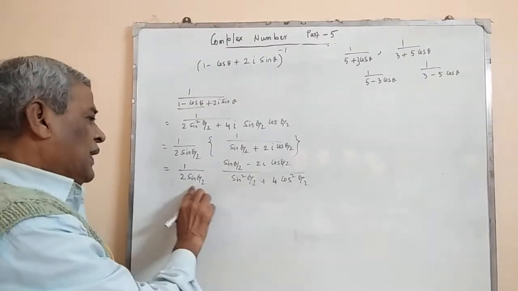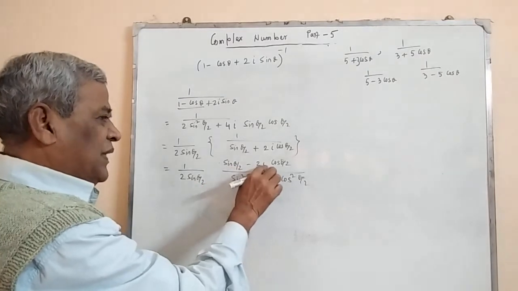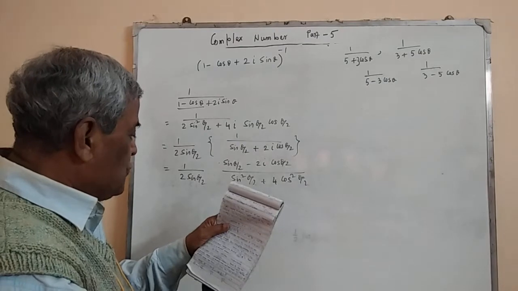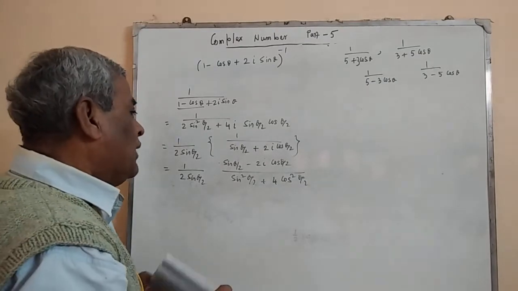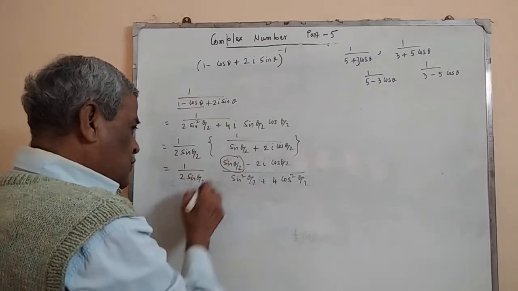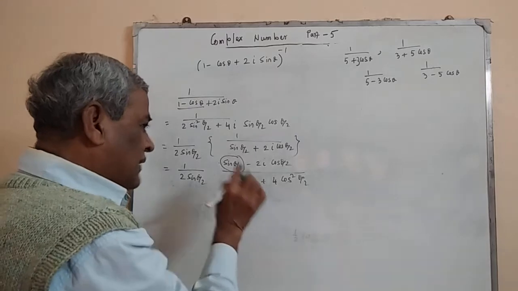This is purely real, this is also real, this is real, this is imaginary. The question is real, so we have to find out the real part of that. That is, it is equal to this divided by this, this is real, this divided by this into that.